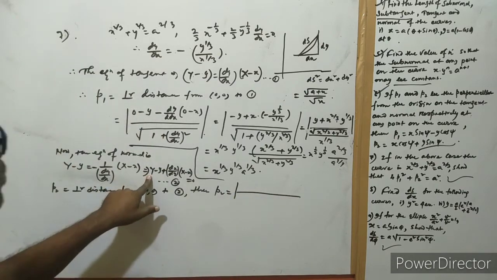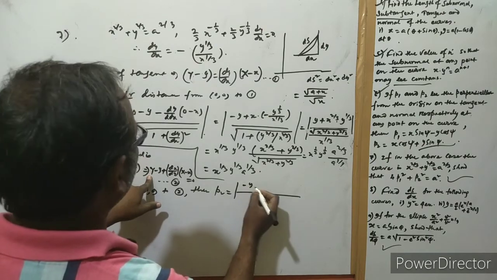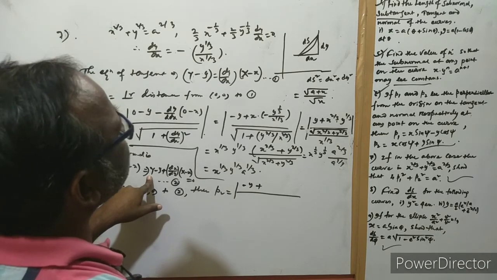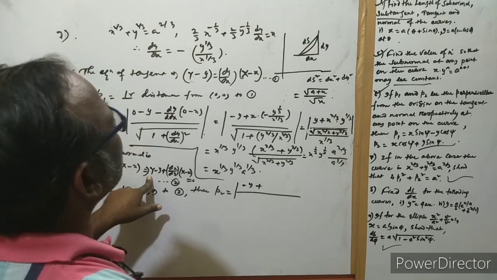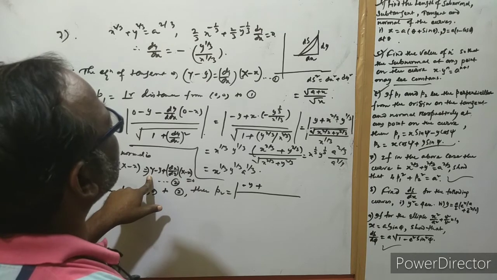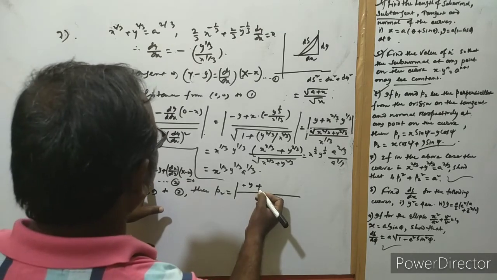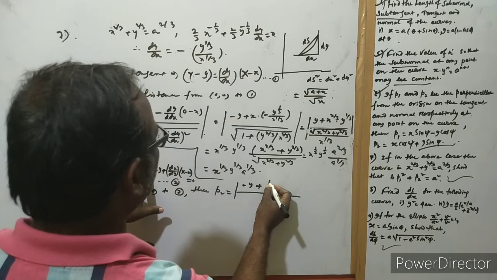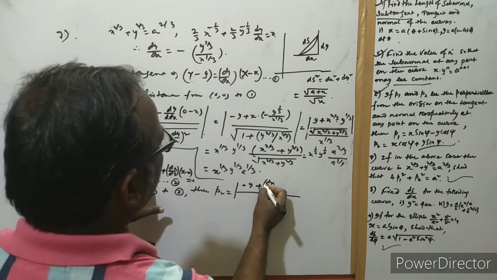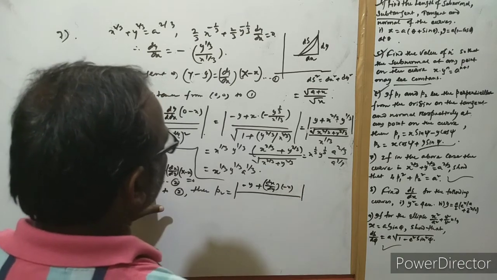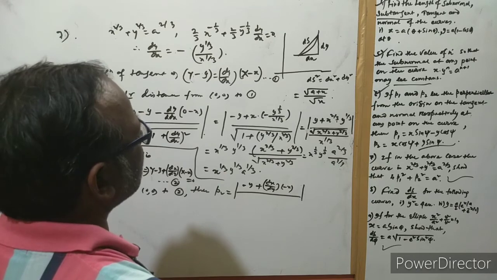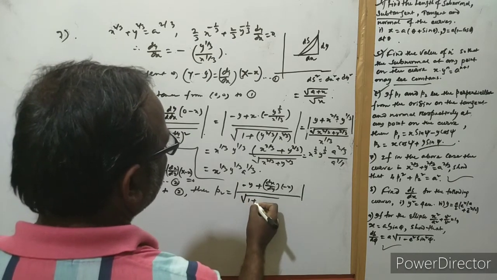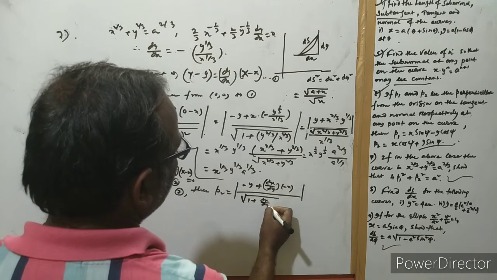so this is minus y1 plus dx dy at minus x1, and this is under root of 1 plus dx dy whole square.